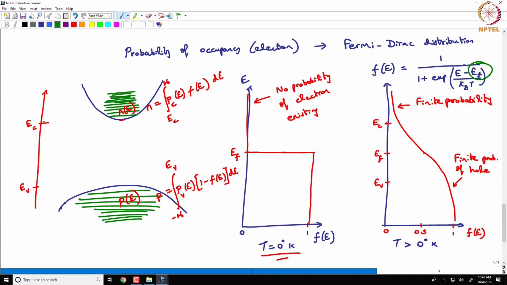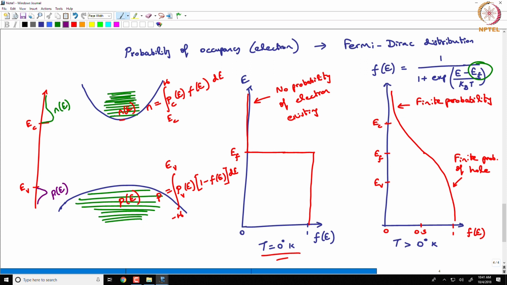If you look at the distribution of electrons, it is going to be something like this. Right, and the distribution of holes is going to be something like this. So, this is basically N of E and this is P of E.